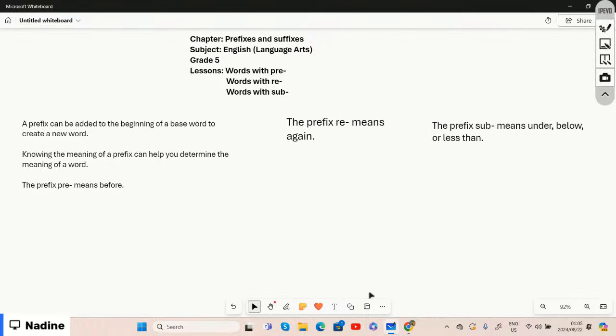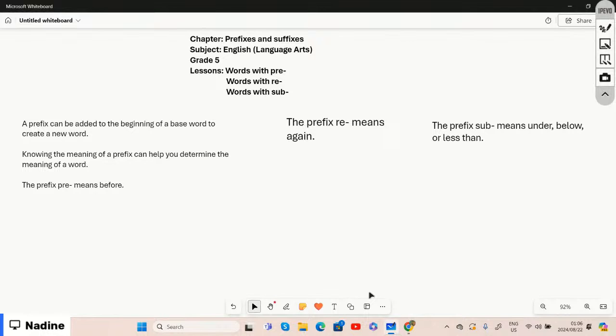All right, so when it comes to prefixes and suffixes, prefixes especially can be added to the beginning of a base word. A base word is a word that can stand on its own. When we add the prefix to the beginning of that base word, we create a new word with a new meaning.